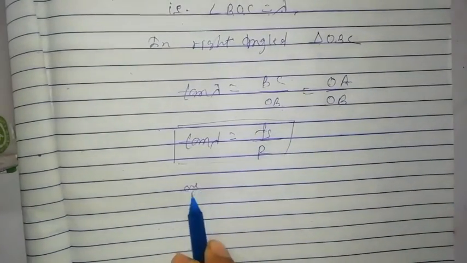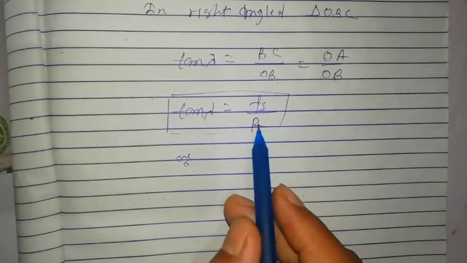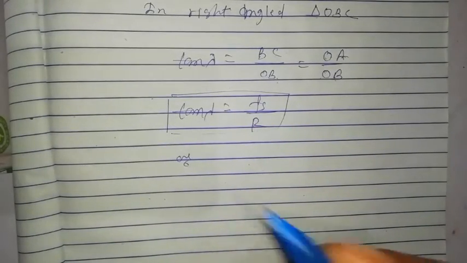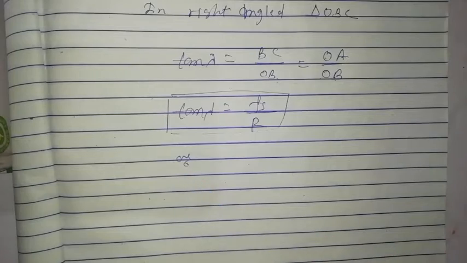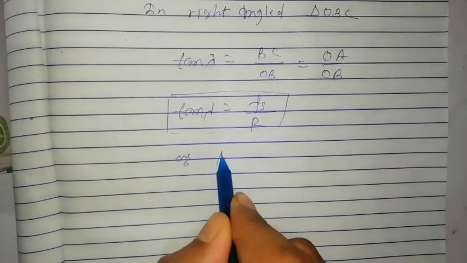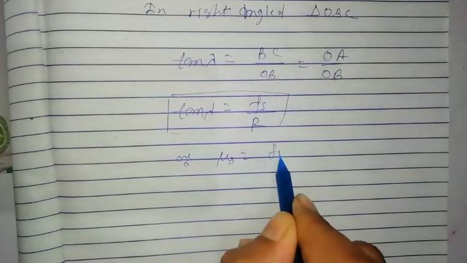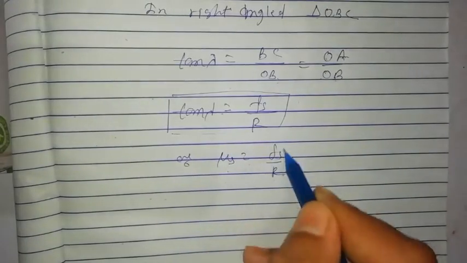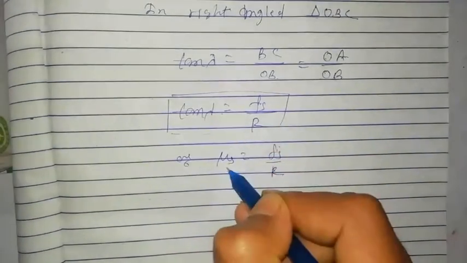Now we know that for limiting friction the coefficient of static friction mu s is equal to Fs upon R. Putting the value, Fs upon R is equal to mu s.